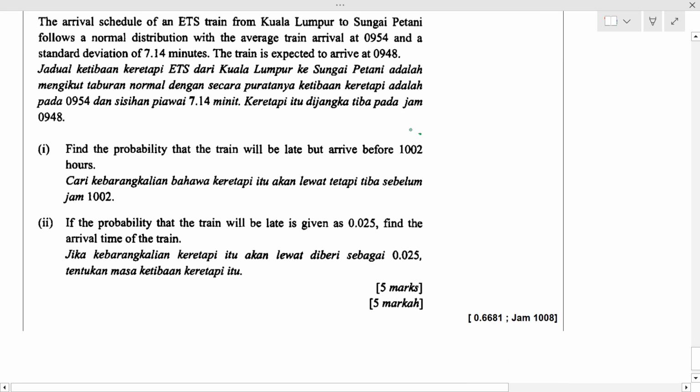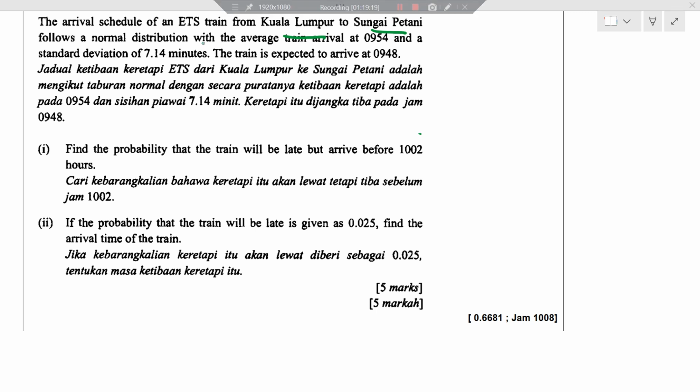Okay, now the arrival schedule of the ETS train from KL to SP follows a normal distribution with the average train arrival at 0954. They never give a value, but they give you a time there. That is the sad part of this.